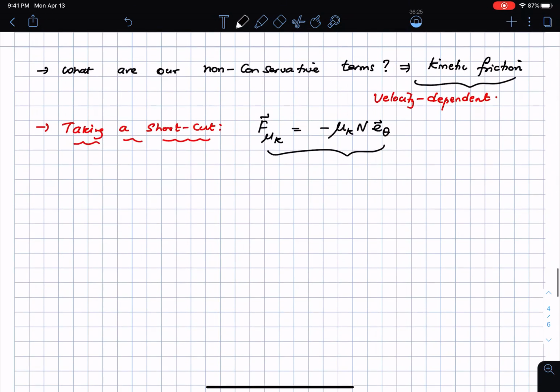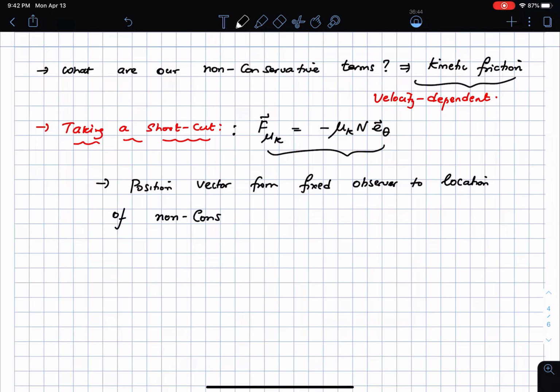For the non-conservative force, the position vector from the fixed observer to the location of the non-conservative force is essentially Rp, which is R of t ER.